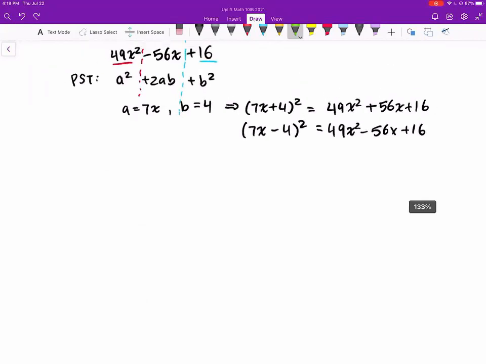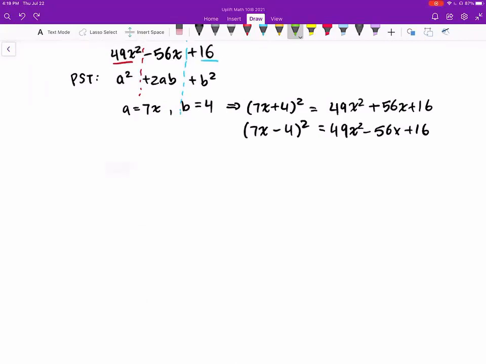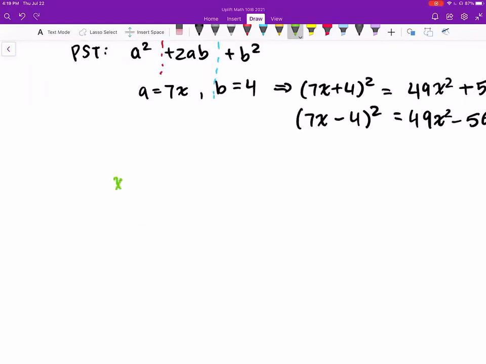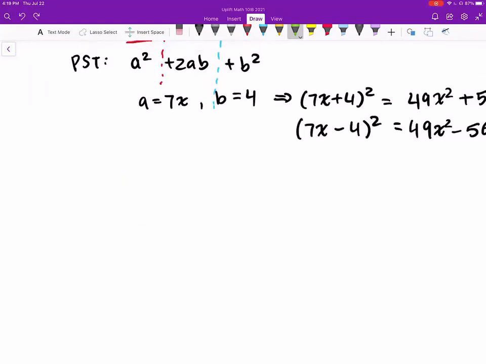Okay, so should we give them some examples to try? Yeah, we should give them an example. We can do x squared minus 10x plus 25.